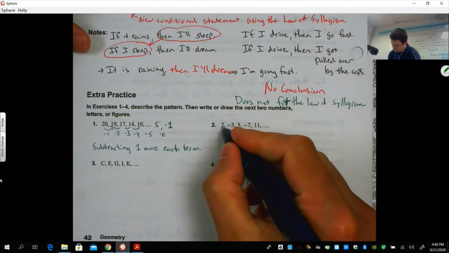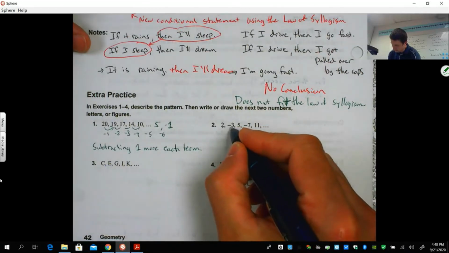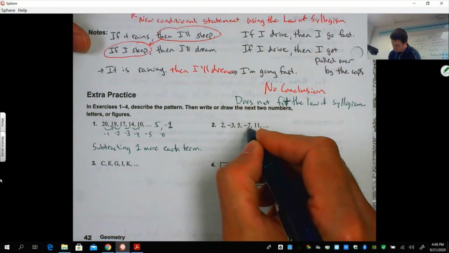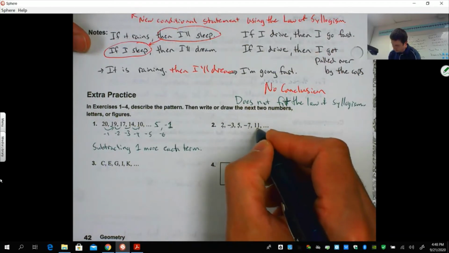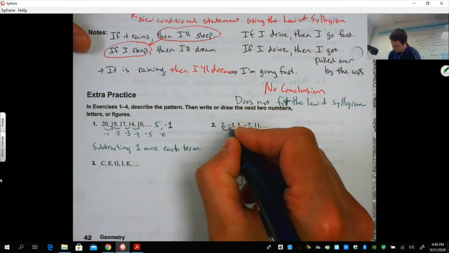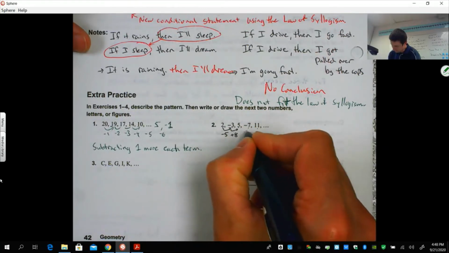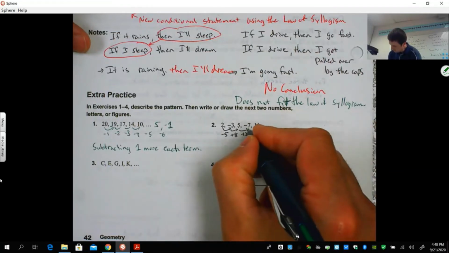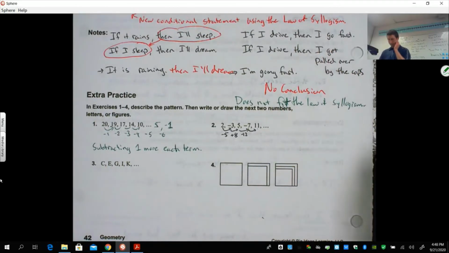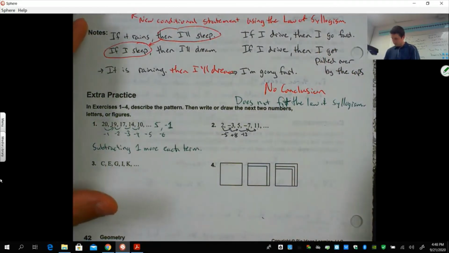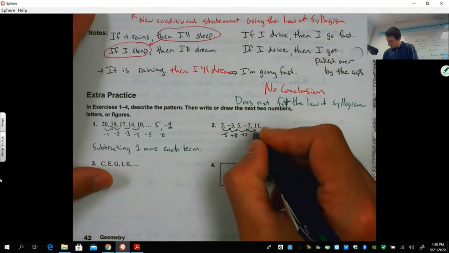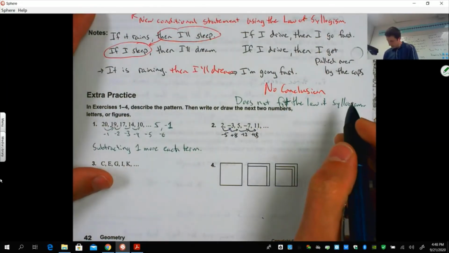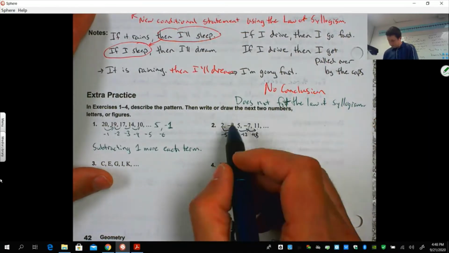Okay, 2, 3, -3, +5, -7, +11. So, let's try that again. That's -5. This one's +8. This one's -12. I'm not sure if this is helping. And this one is +18. 2, -3.